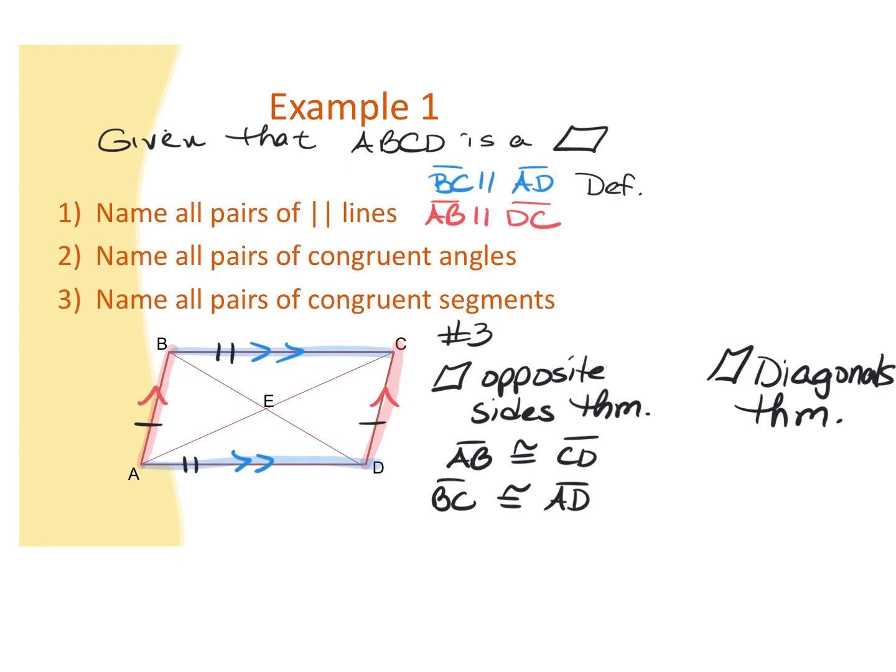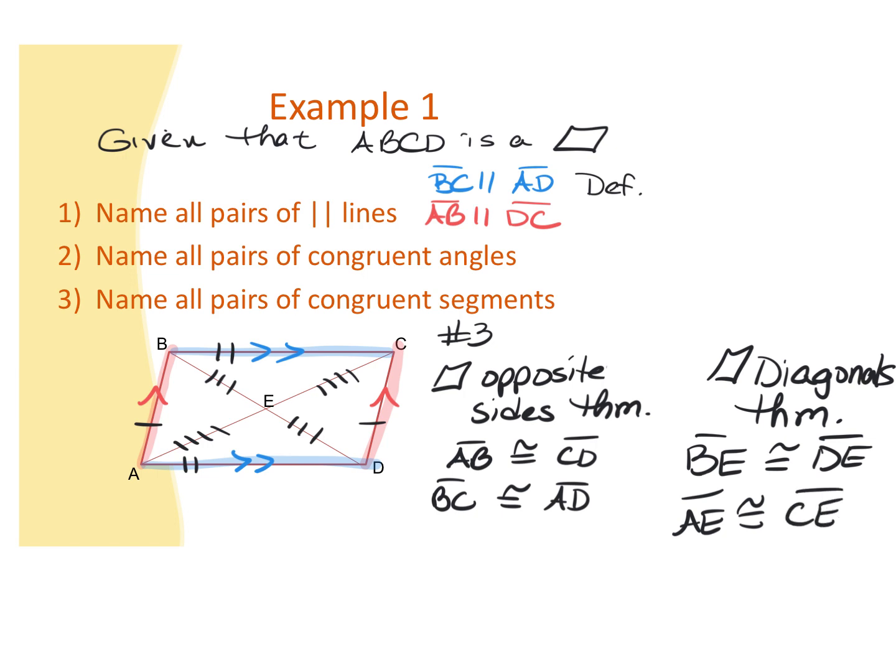And here I can state that BE is congruent to DE. Again, the order doesn't matter, you could also say ED. And then also the other diagonal was bisected, so AE is congruent to CE. Those are the 2 theorems I'm using to justify those congruent segments.